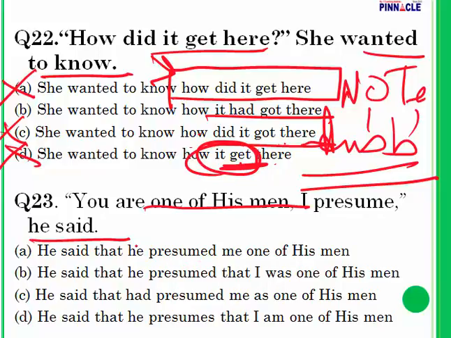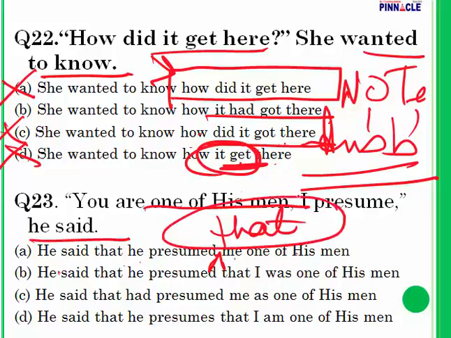After presumed, I do not have the reporting verb, connecting word that, so this gets eliminated. He said that he presumed that I was one of his men. This could be a possibility.